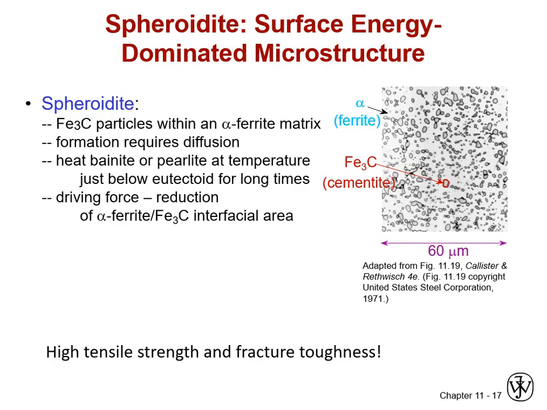A very, very useful microstructure is one that we get if we wait long enough for the cementite or Fe3C particles to spheroidize. So if we think back to the beginning of this chapter where we discussed the concept of surface energy being kind of the enemy to new nucleation, being the barrier energy that opposed the increase in growth, the increase in volume of our new nucleated phase.